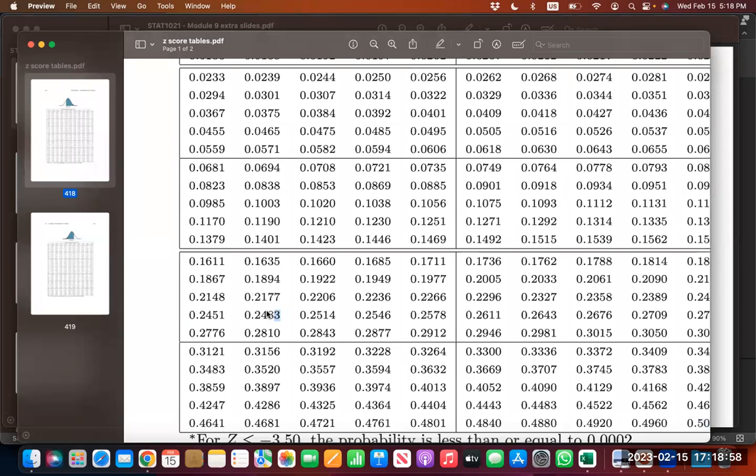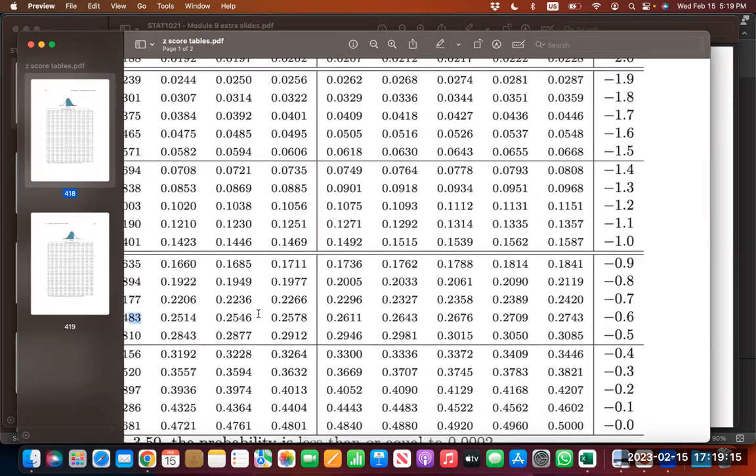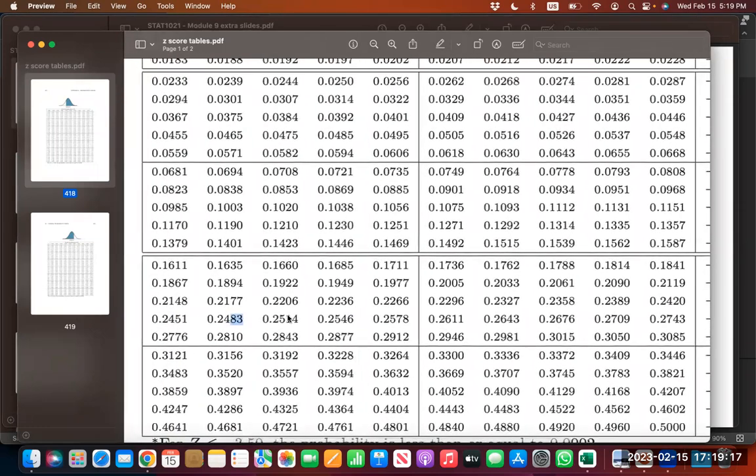You remember the interquartile range is from the 25th to the 75th percentile. If you go here to the actual proportion, this is the 25th percentile at a SAT score of minus 0.67. So that's your 25th percentile.